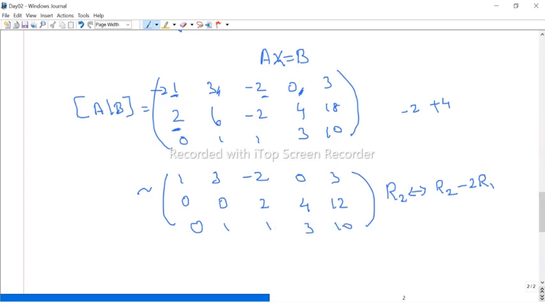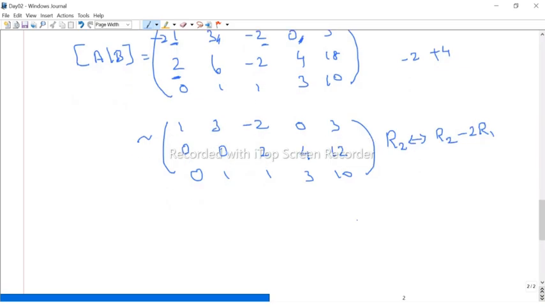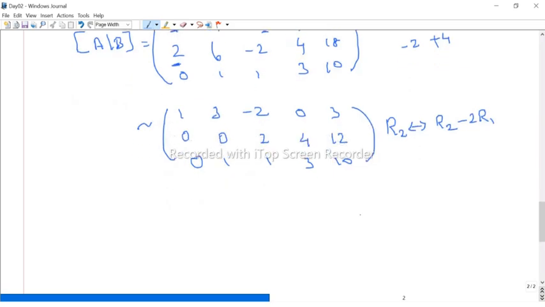Now we did some part. What do we have to do now? We have to scan. We have to interchange the third row and the second row because we have a 1 here. So I can keep the first row 1, 3, minus 2, 0, 3, and now interchange the second row and the third row.